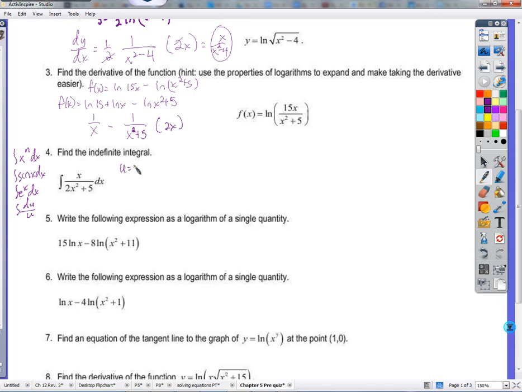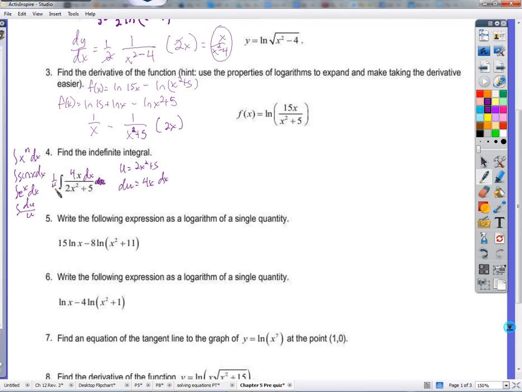So if u is 2x squared plus 5, then du is 4x dx. Okay, so if we had a 4x dx, and of course this dx could be written in the numerator here, then we would have the derivative of this function up here, and it would look like du over u.